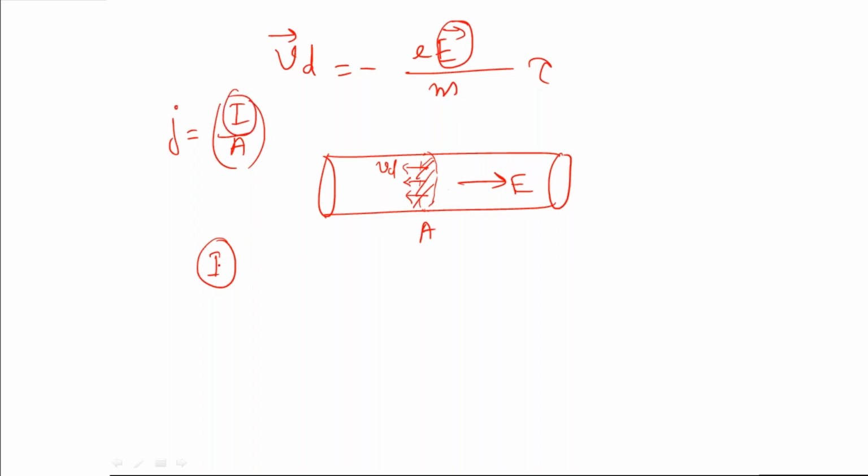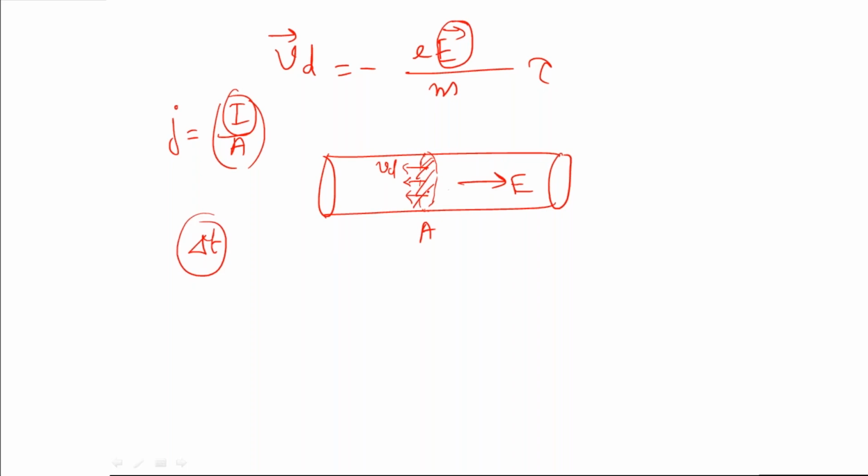So what I am thinking is, I have already got the velocity of the electrons. This is the net or average velocity with which the electrons are moving. So they will actually cross this area. I'll think of a time delta t and see how many electrons are crossing this area.